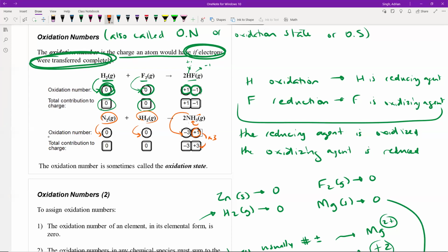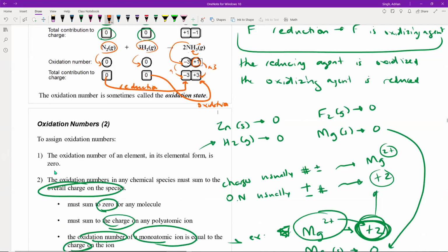We have 1 N in the formula, so a contribution of -3. So the nitrogen goes from 0 to -3, so it's undergoing reduction. The H goes from 0 to +3, so the H undergoes oxidation. So the H there again is acting as the reducing agent. The nitrogen, which is undergoing reduction, is acting as the oxidizing agent.